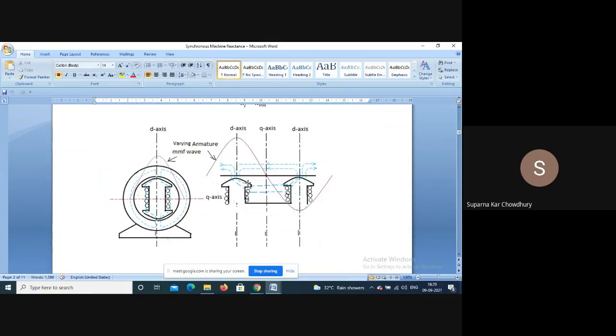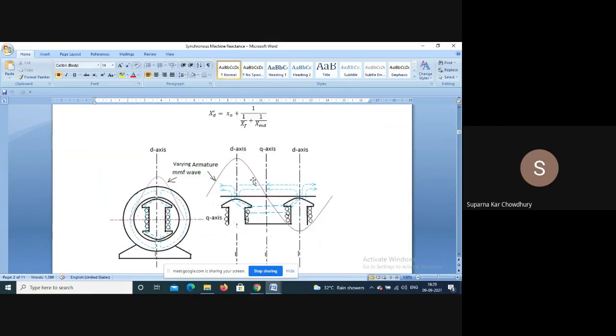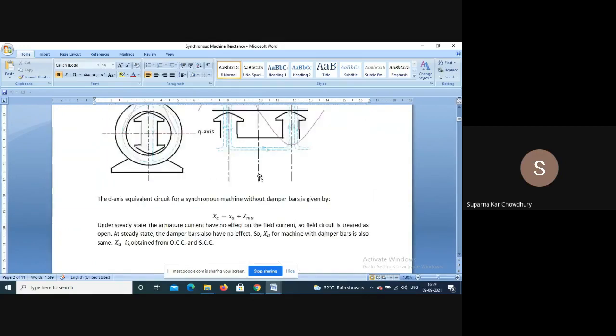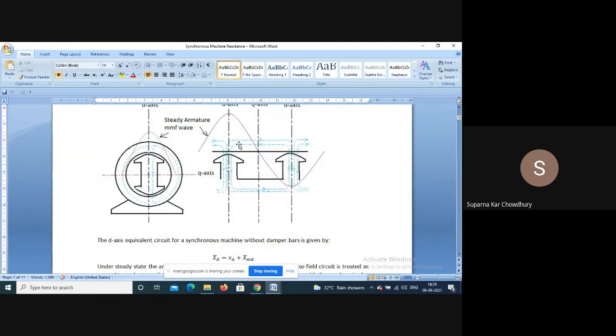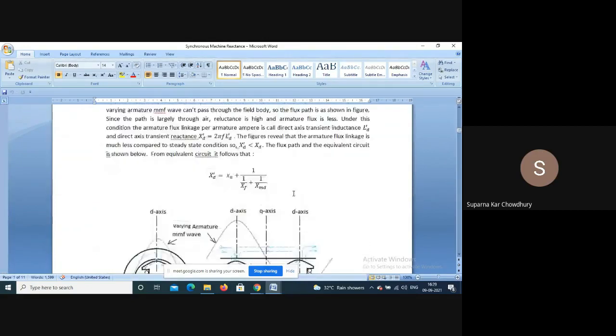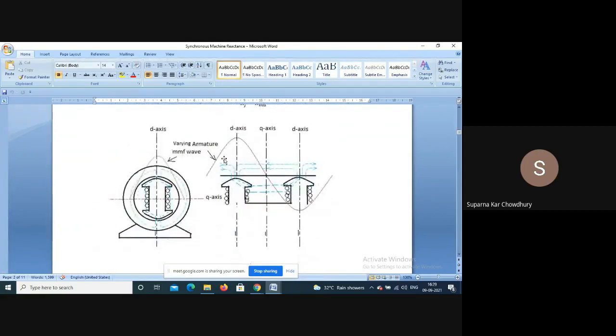Now, in the original field circuit, this was the distribution. Here, this current will try to keep the flux linkage of the field circuit.